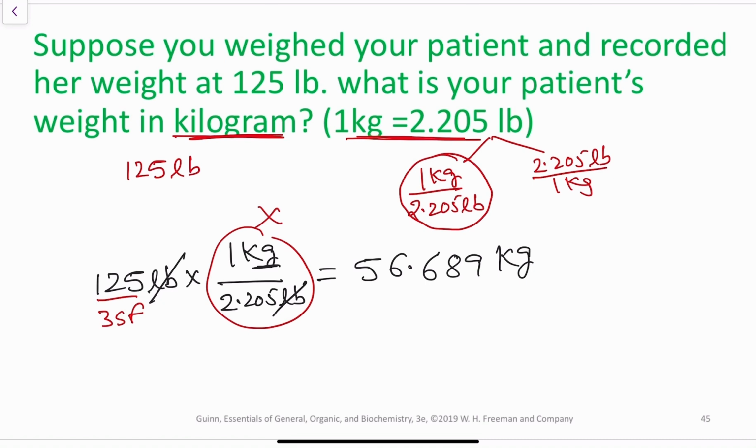They are equivalent numbers. So the only number that we can go by has 3 significant numbers. Your answer has to have 3 significant numbers. Then this is 1, 2, 3. This fourth one I don't want, but this number is more than 5, so this will increase by 1. So your final answer will be 56.7 kg with 3 significant numbers.